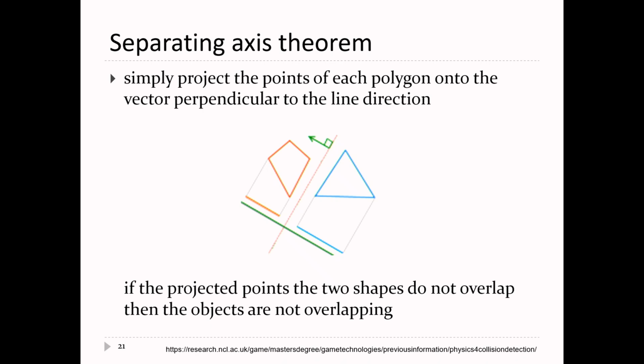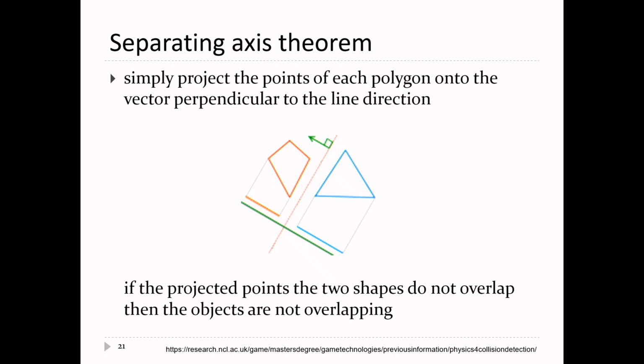So this is pi, one of the corners on that shape. If I want to project that point onto this axis here, it's just the projection of pi onto n. So it's this distance here.